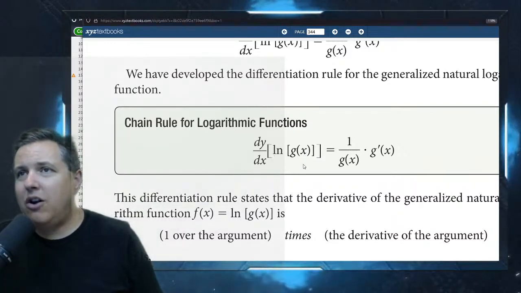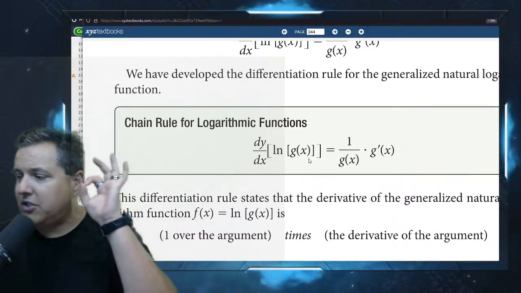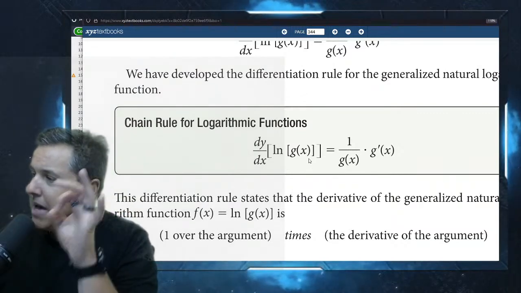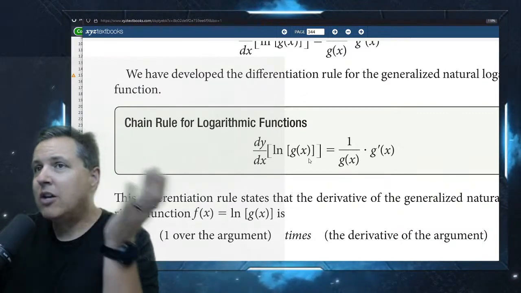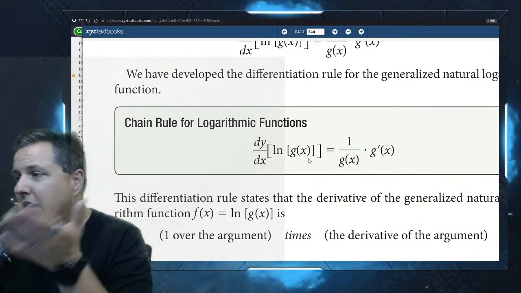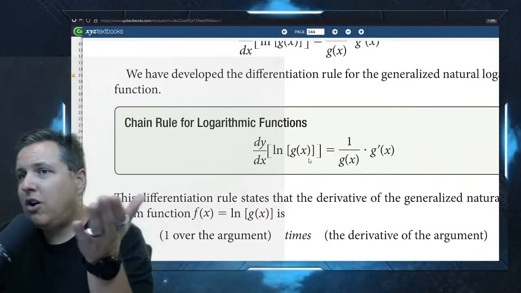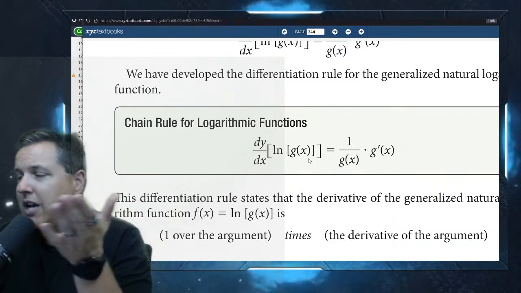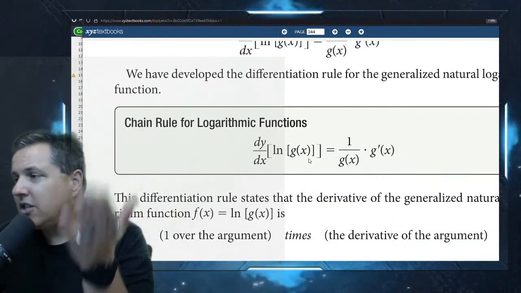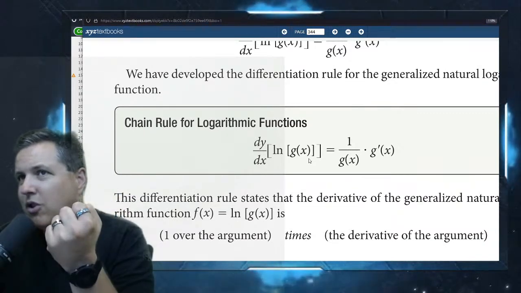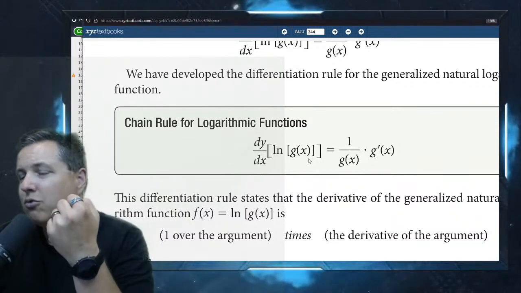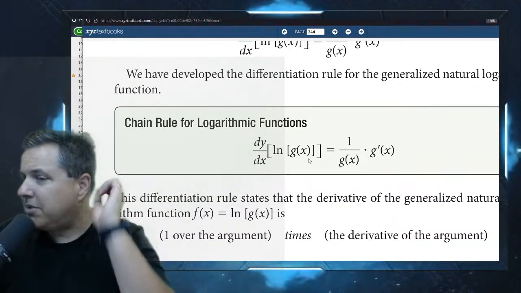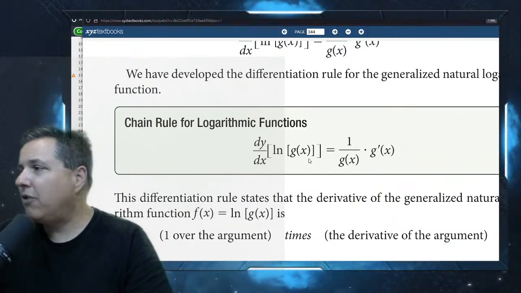This is the natural log of g of x, meaning that we have some other function embedded inside of our natural log. So it could be the natural log of x squared, the natural log of x squared minus 3x plus 4, right? You've got some other function inside of your natural log, and you're trying to take the derivative. But remember, if that's a composition, then that's where we're supposed to bring out the chain rule.